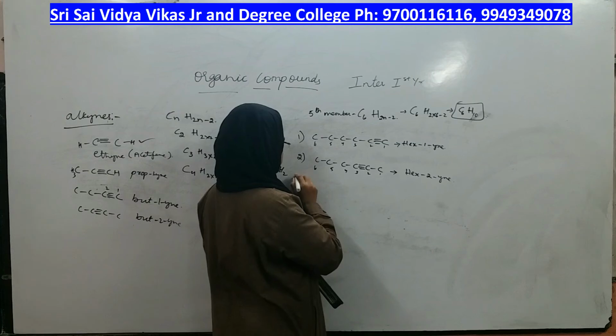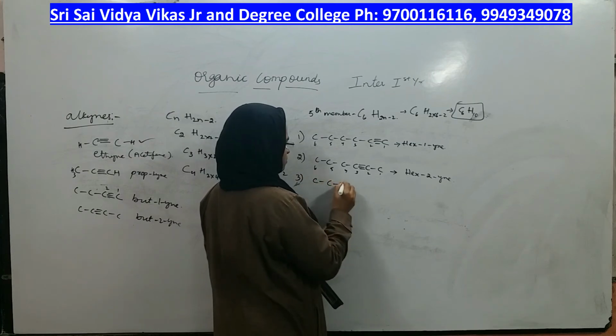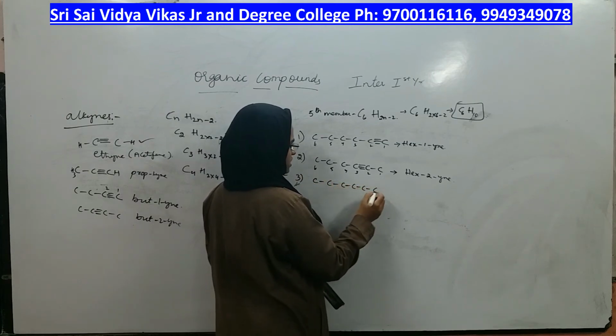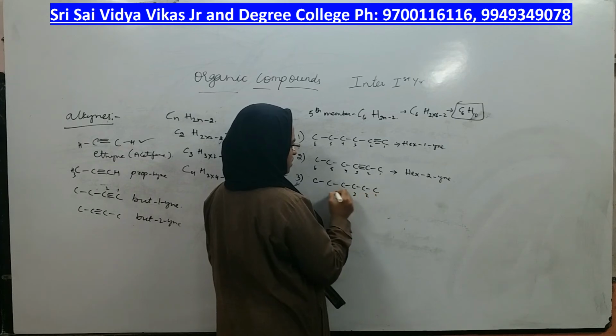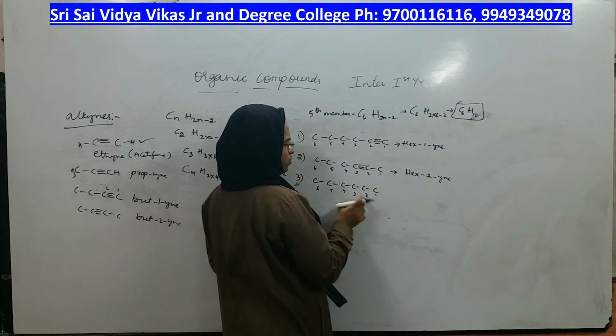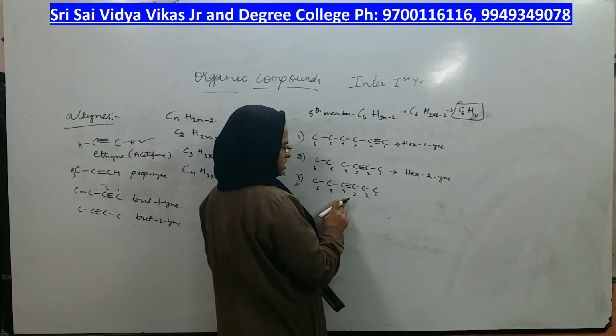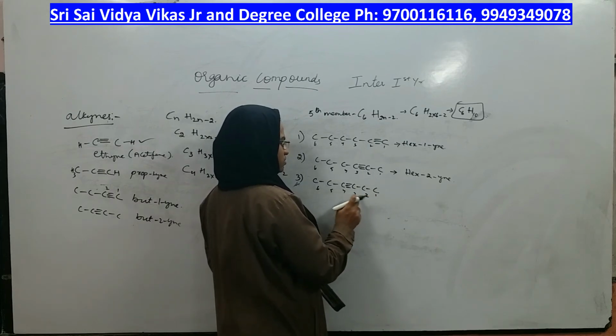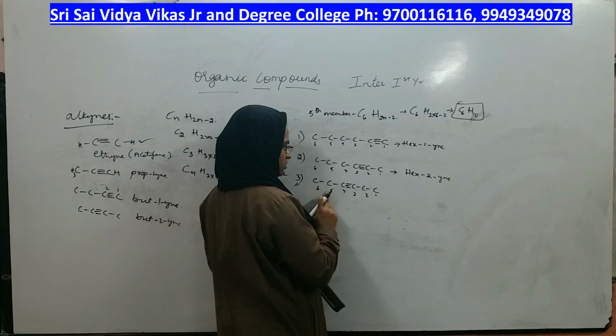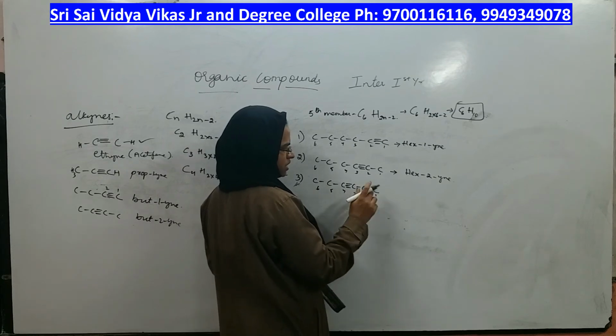1 2 3 4 5 6. If I take the position of the triple bond from the 2nd carbon to the 3rd carbon, is the numbering correct? Is the least possible number coming from this side or this side? This side only, 1 2 3. From this side also, 1 2 3, least possible. That means the numbering is correct.